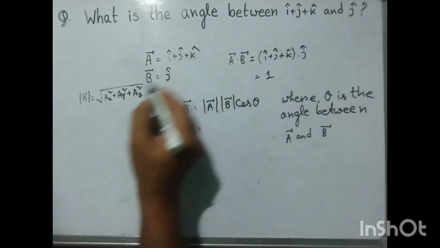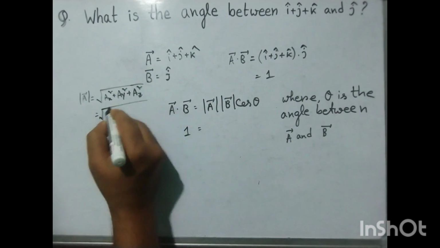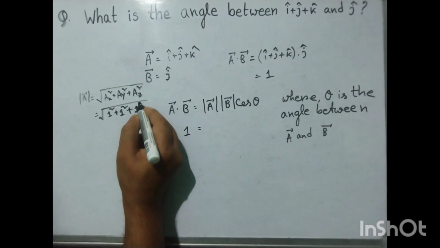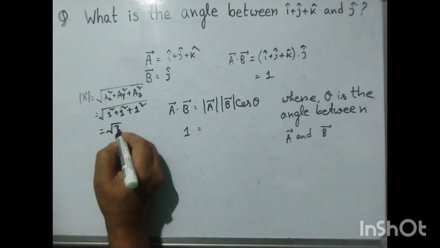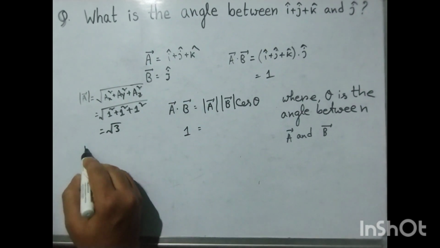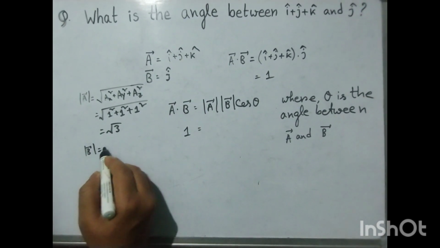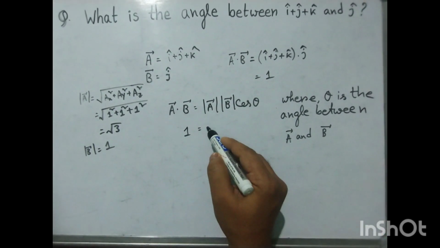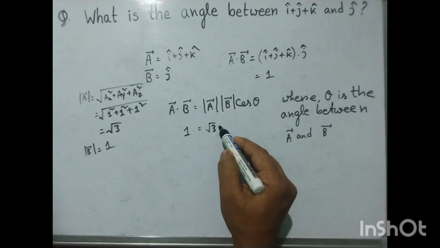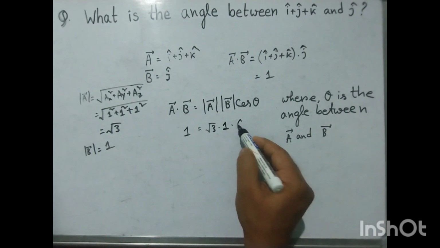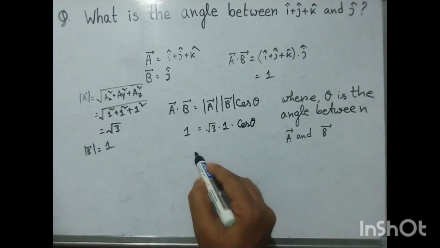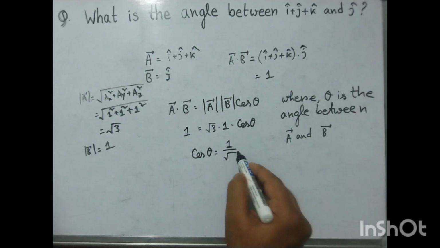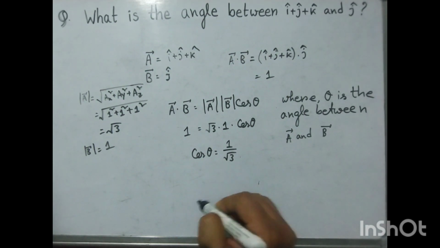Here ax, ay, az all are 1. So 1 square plus 1 square plus 1 square, that is root 3. And magnitude of b vector is just a unit vector, so magnitude of b vector is 1. So this is root 3 into 1 into cos theta. So cos theta will be 1 by root 3.